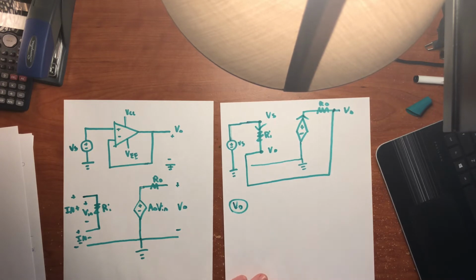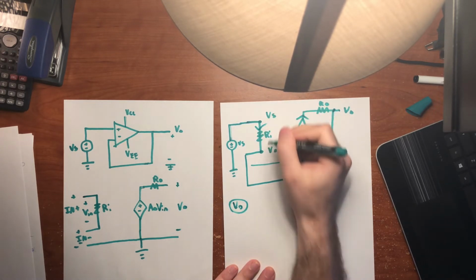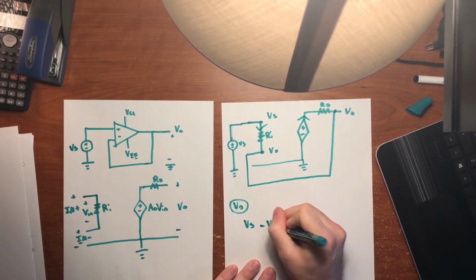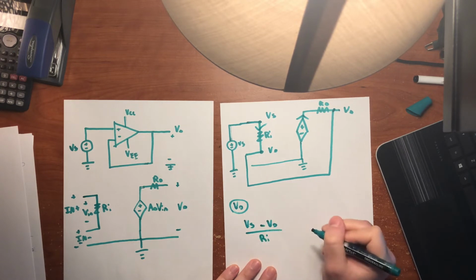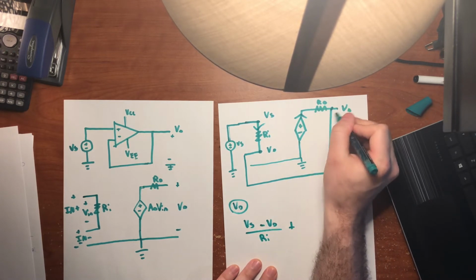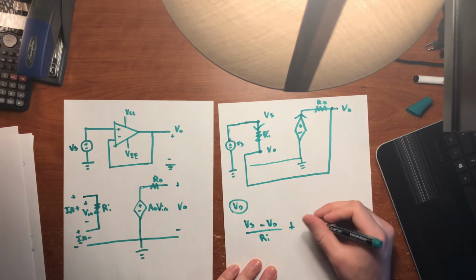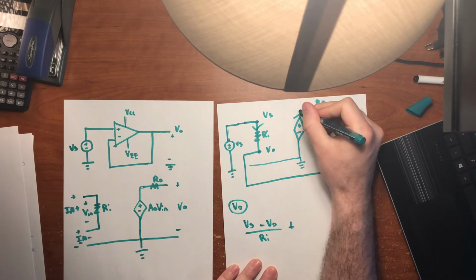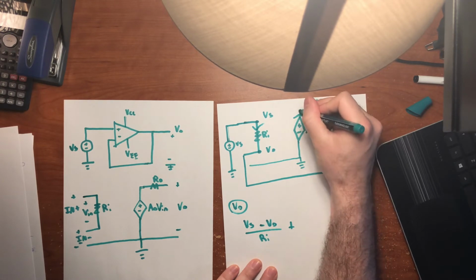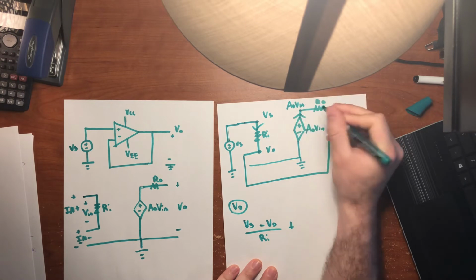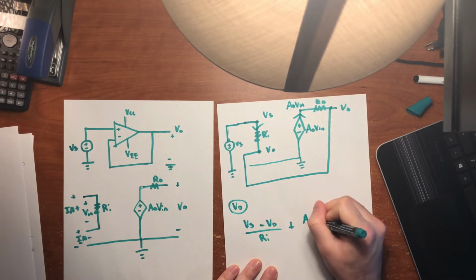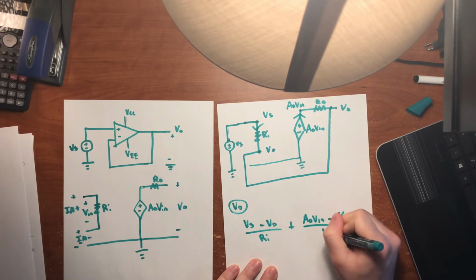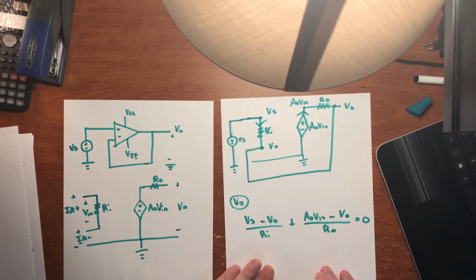If we apply KCL using nodal analysis, the current going this way is just Vs minus V naught divided by Ri, plus the current going across R naught. Remember this is A naught V in. This is grounded, so this node right here is A naught V in, so A naught V in minus V naught divided by R naught equals 0.